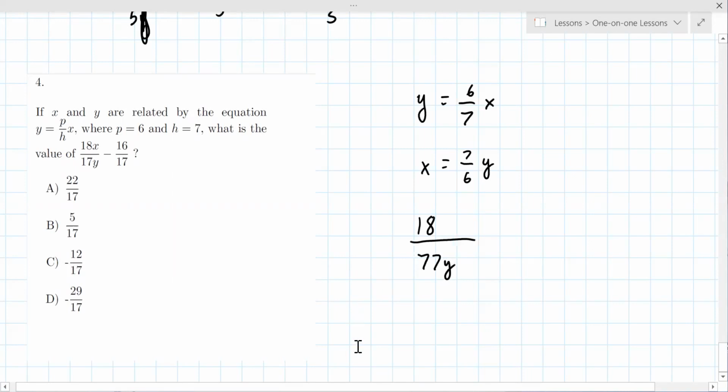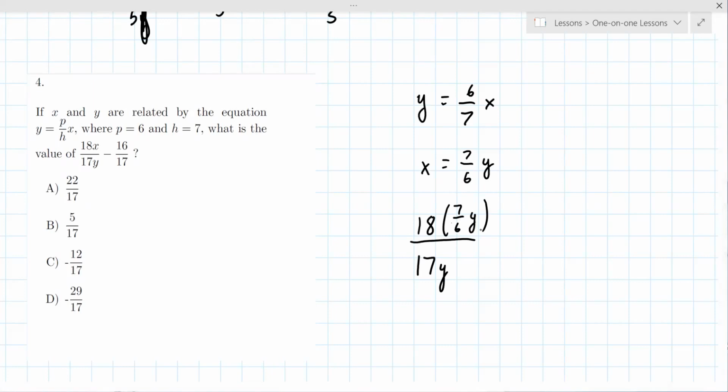Because there's an x here, you can put 7/6 y here, and that's fine. That's totally fine. It's correct. It's just a matter of like, do you like the way that looks? And can you handle that?